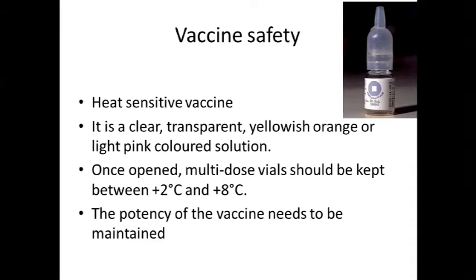What do I mean by heat-sensitive? If the vaccine is not maintained at recommended temperatures and it is exposed to heat, it is going to lose its potency. What do I mean by that? It is not going to be capable enough of producing antibodies once it enters into the baby's gastrointestinal tract.